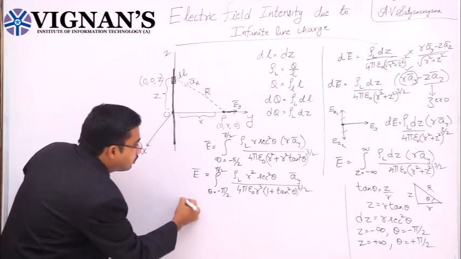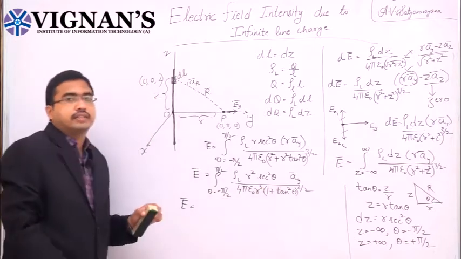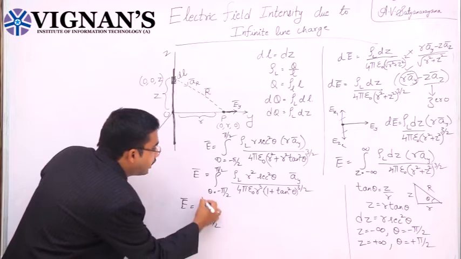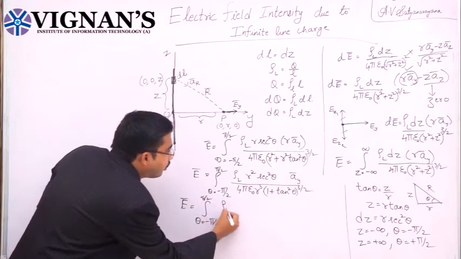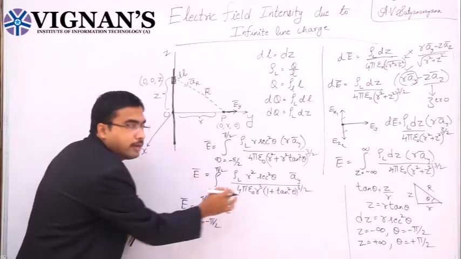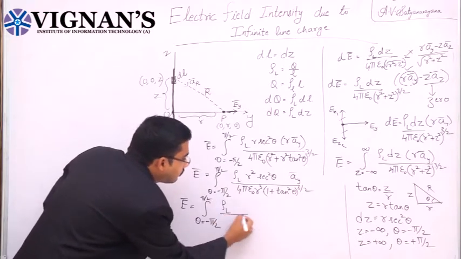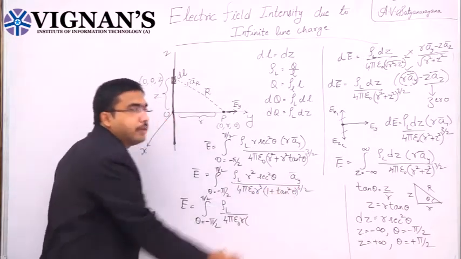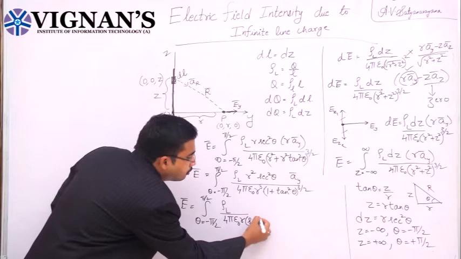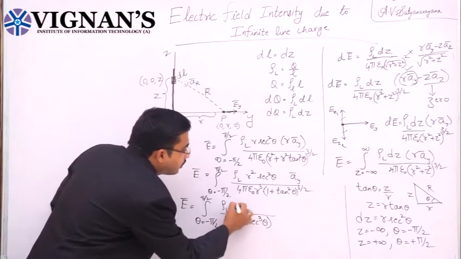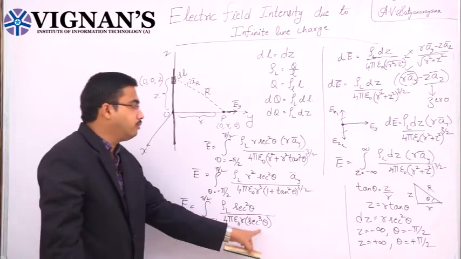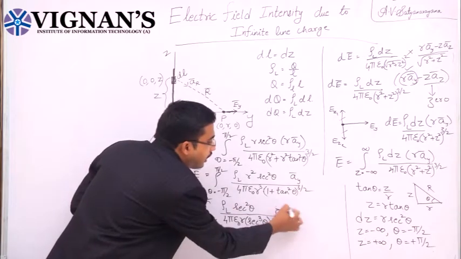Now what is 1 plus tan square theta? That is secant square theta, with theta running from minus pi by 2 to pi by 2, rho L. r square by r cube means 1 by r, which is 4 pi epsilon naught r, secant square theta whole power 3 by 2 means you can write secant cube theta. In the numerator you are having secant square and in the denominator you are having secant cube, and the unit vector is a_y bar.